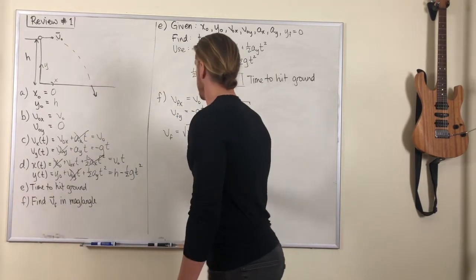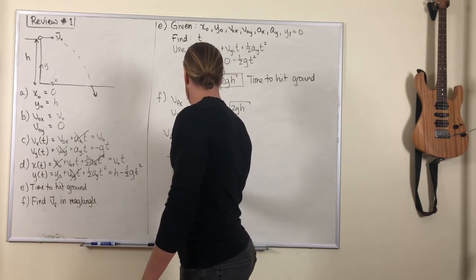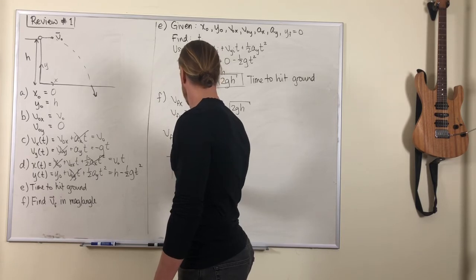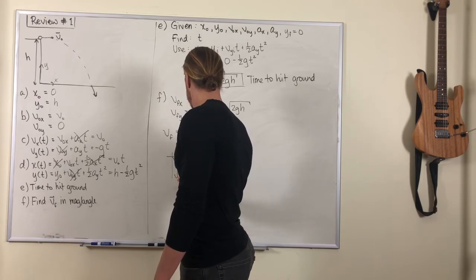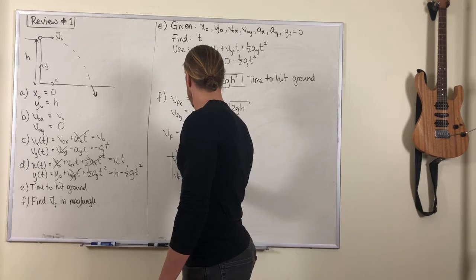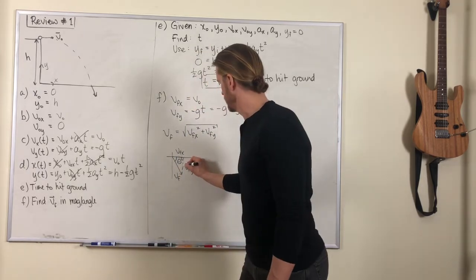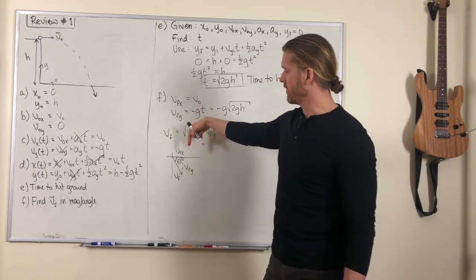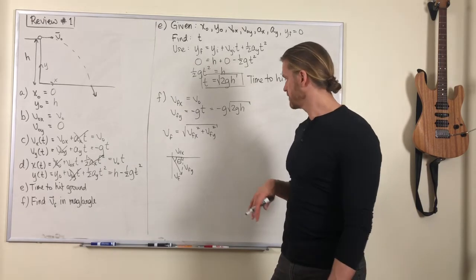So that final velocity vector, I'll draw it again here. That final velocity vector is below the x-axis.